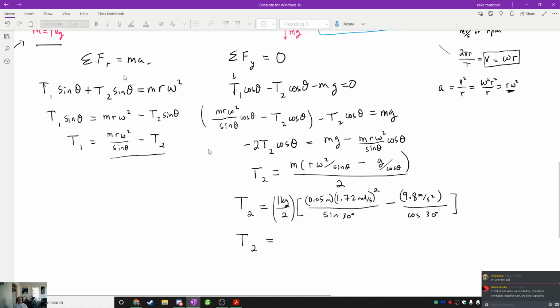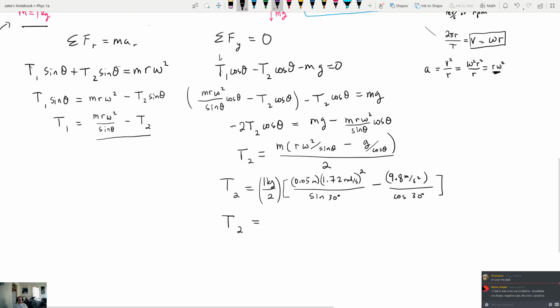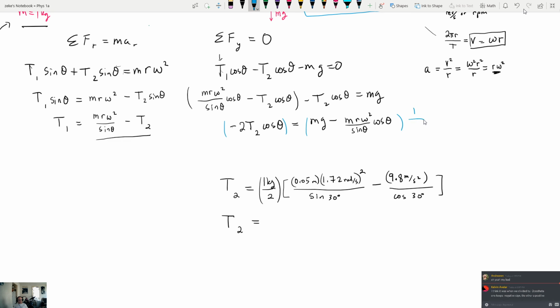So look, let me just redo this step right here. So that was the answer we got, right? Let's see if I redo it, if we get something different, if I do it a different way. So basically we have to take this whole thing and divide by 1 over negative 2 cos theta, right?